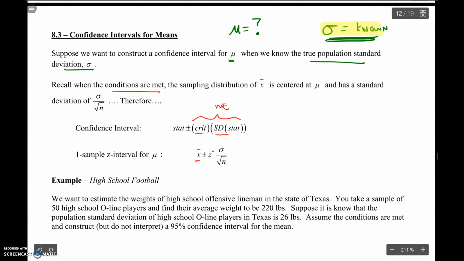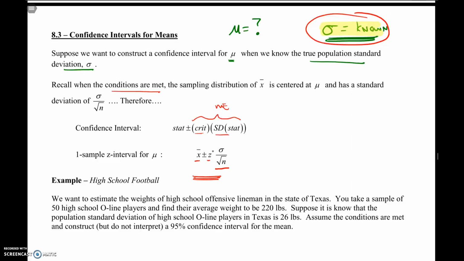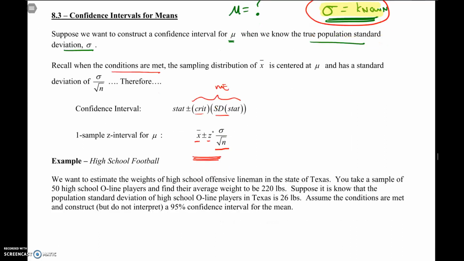We're still going to use a z-crit, but now we're going to use the standard deviation of the sampling distribution of x bars instead of the square root of pq over n. And honestly, if it wasn't for this problem right here, we'd be done. That would be all there is to know, and we'd start calculating confidence intervals.